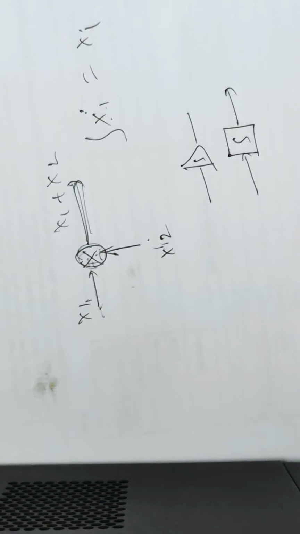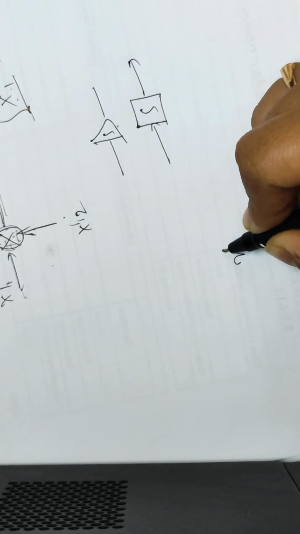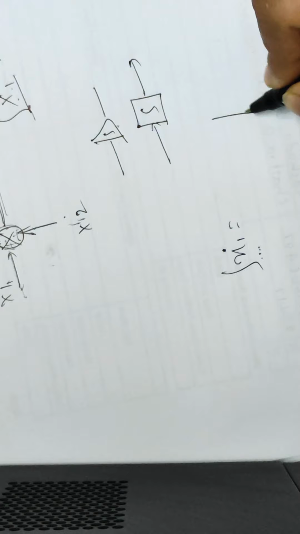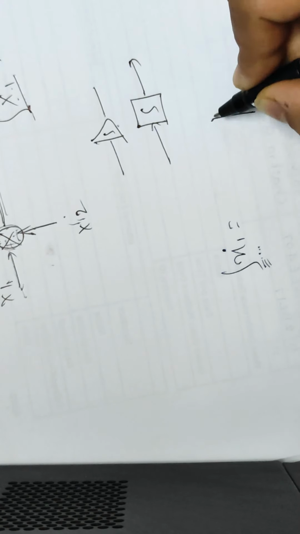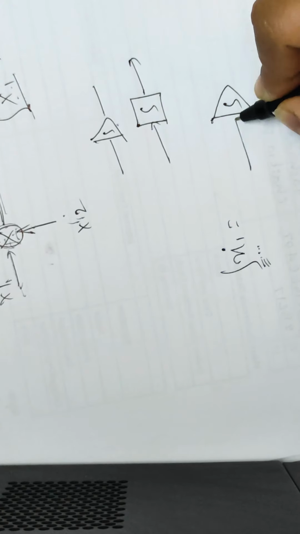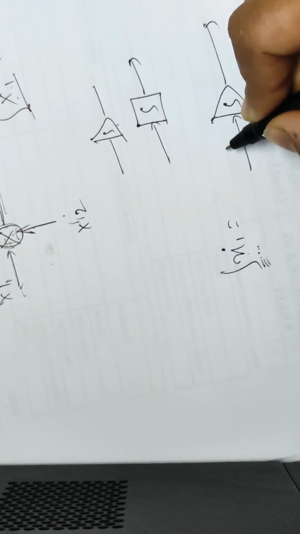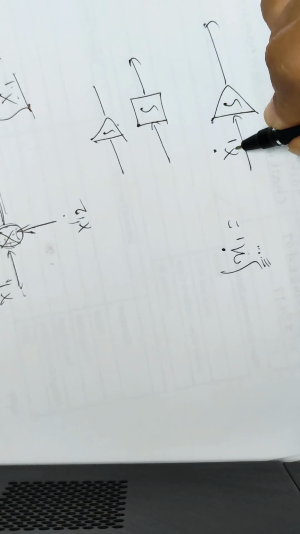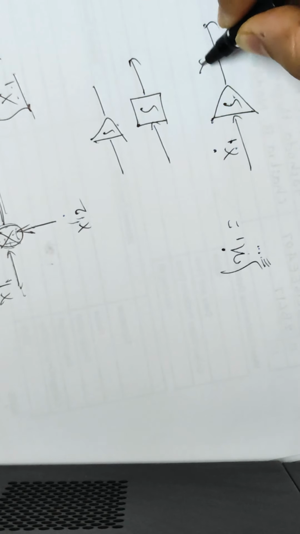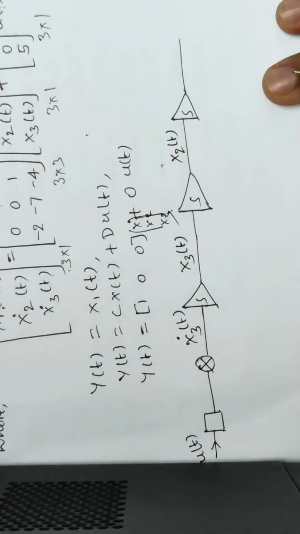See, we can write x1 dot is equal to, how to draw the block diagram for this integration, use this one. Which is the input here? x1 dot is there, x1 dot integrated, what do you get? x1, right. So you will get x1 by using this integration term. So we can use this simple term for the state diagram.